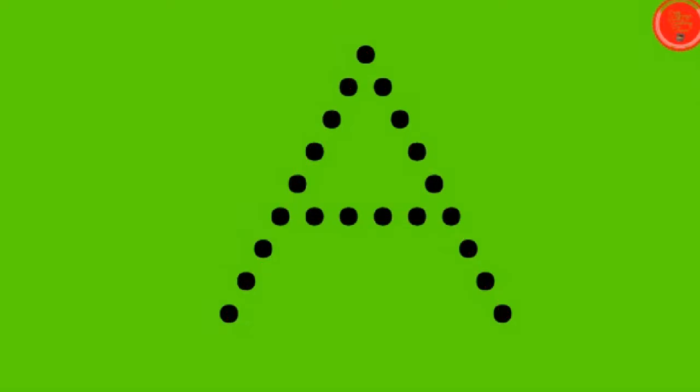Nice work. Let's try lowercase a. Lowercase a is a small circle and a small stick that's touching that circle. Let's try again.